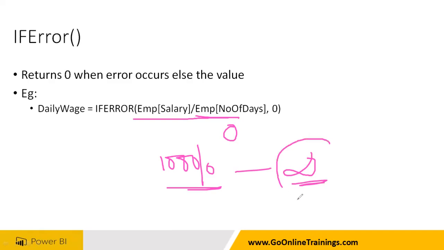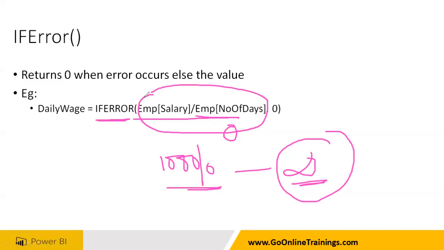If you don't want to return the infinity or the error, what you need to do is use the IFERROR function. If you do some kind of calculation in that function and you get the error, don't throw the error, throw 0, else you throw the value. For example, 1000 by 200 means 50. So if you have a proper expression, you will get the 50, else you will get the 0.